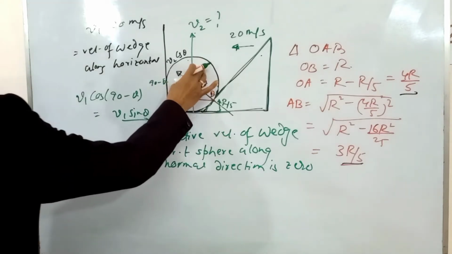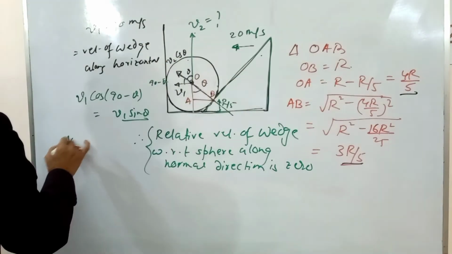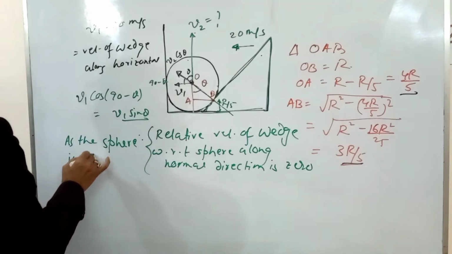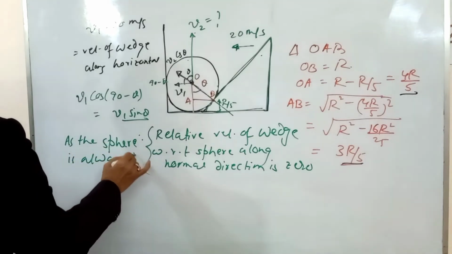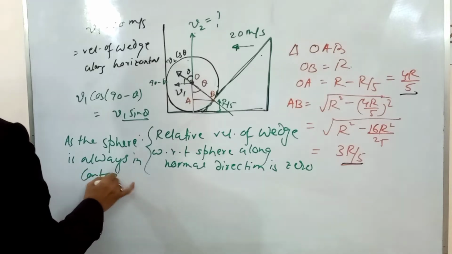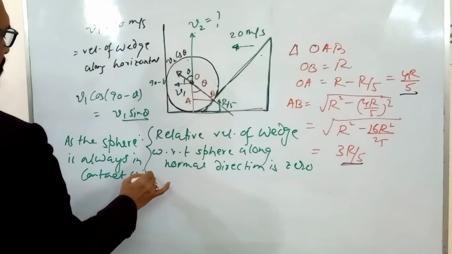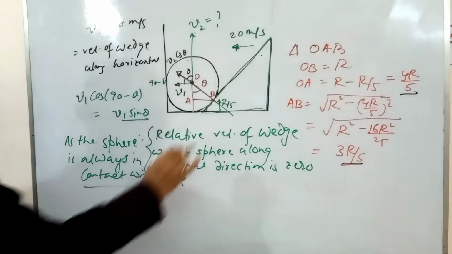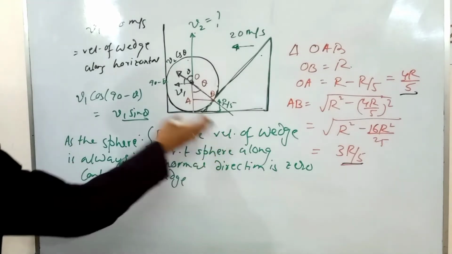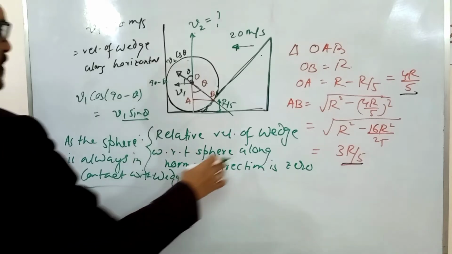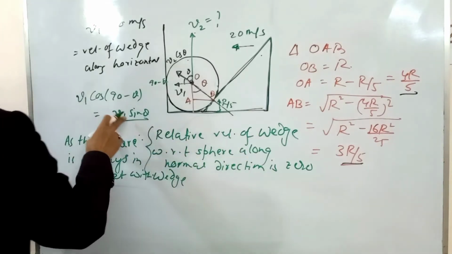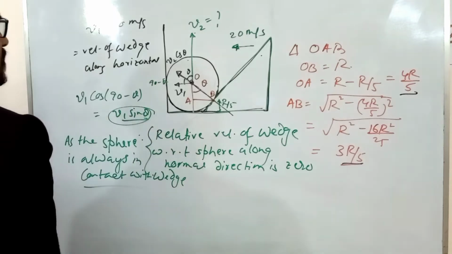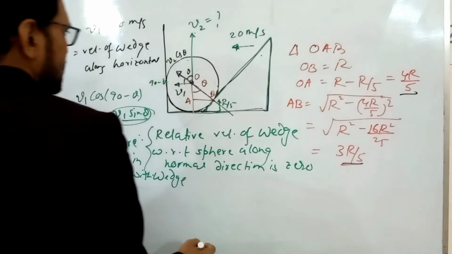As the sphere is always in contact with the wedge, that's why we can write this. So relative velocity 0 means this velocity is equal to this. So this velocity V1 sin theta will be V2 cos theta along the normal direction.